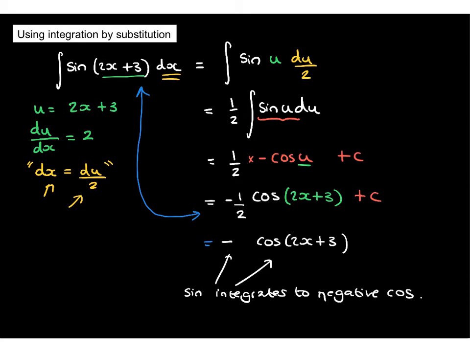So sine integrates to negative cos, but then of course there is a factor of a half here, and where does that come from? Well, we're dividing by the derivative of this inner function here.